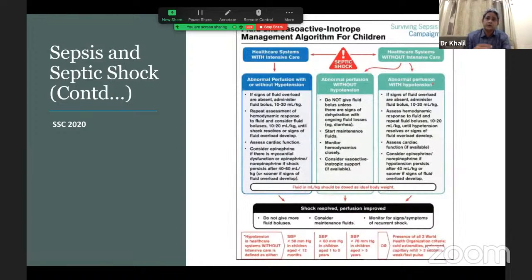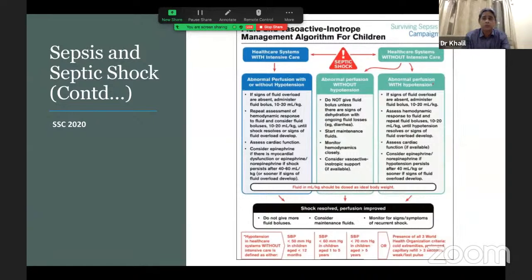Now, coming to the fluid and vasoactive management algorithm for children, this is a change from the existing guidelines. It has been divided into healthcare systems with intensive care and healthcare systems without intensive care.